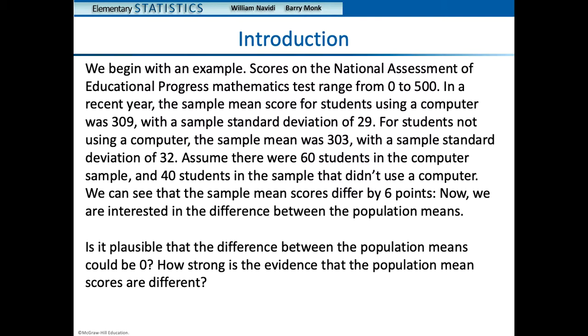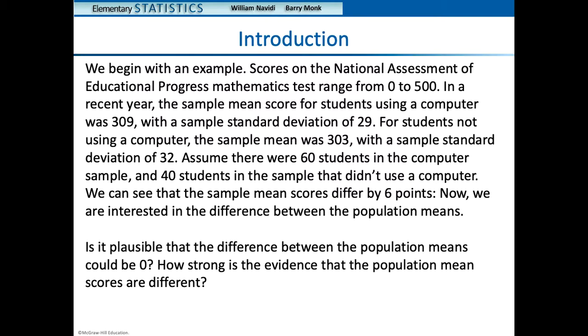Now we are really interested in the difference between the population means. Is it plausible that the difference between the population means could be 0? How strong is the evidence that the population mean scores are different? So what we have here is data from two separate populations, right?